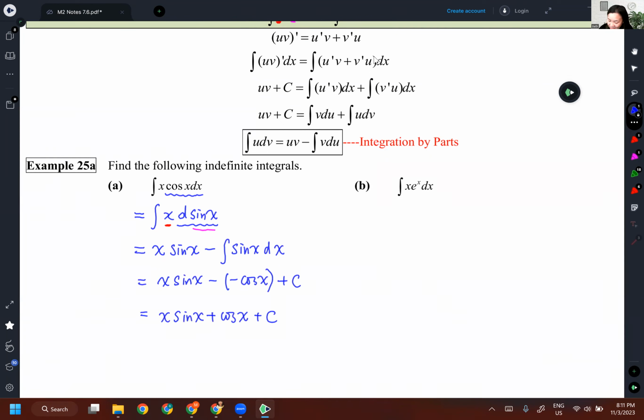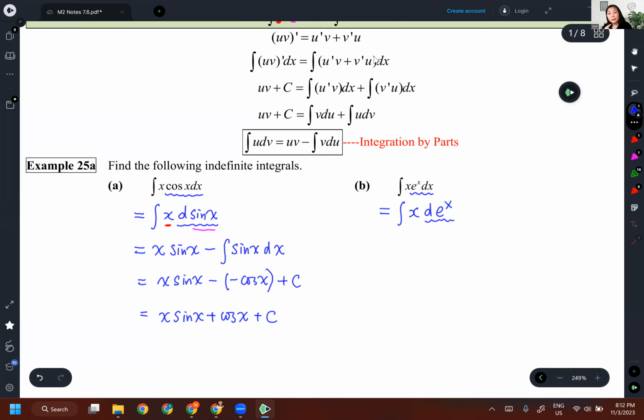Is that okay? Another example, this one. You see, in this example there are two types of functions. One is polynomial, the other one is exponential, two different types. What we do is integrate one of them. In this case, I'm going to integrate e to the power x dx and change it to d e^x.